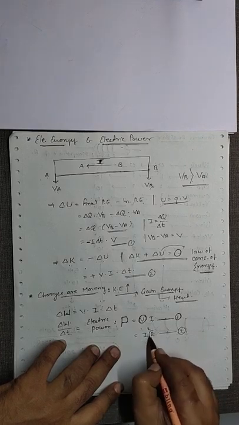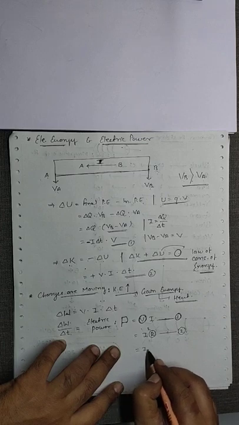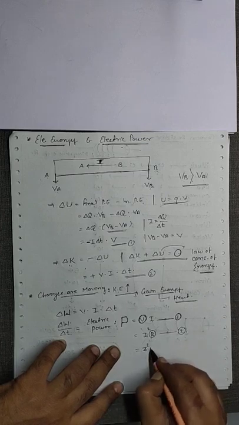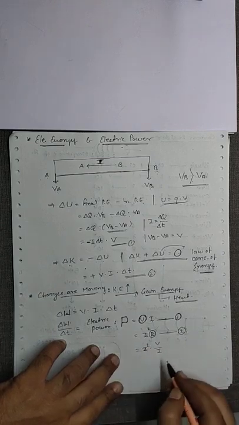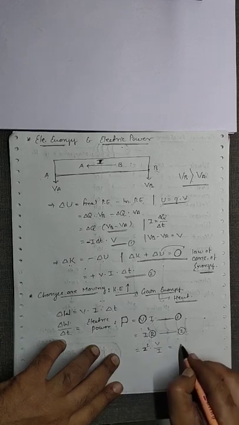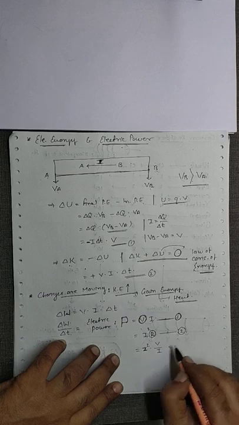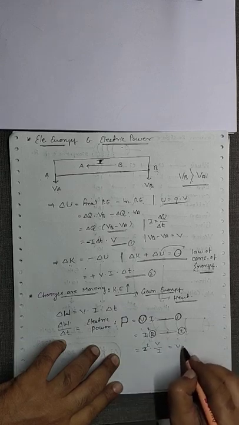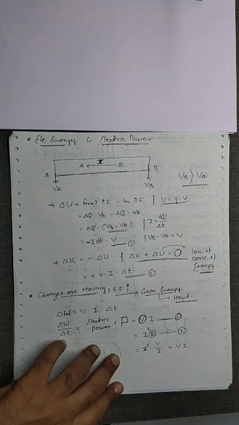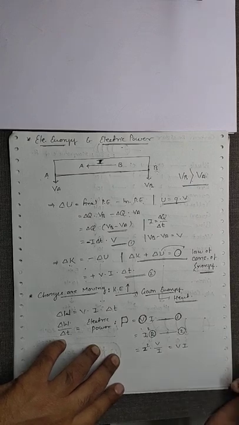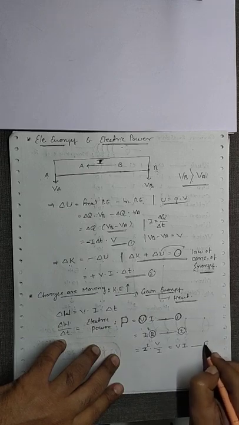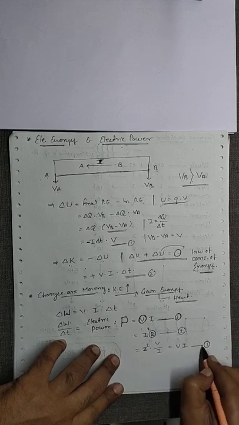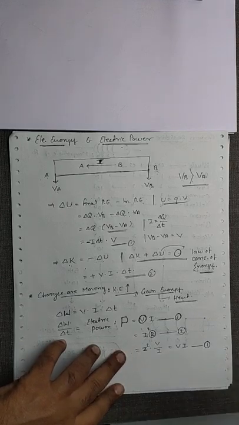Put the value of resistance in I square R. R is equal to V by I, one I will cancel out, then you will get the same equation, equation number 1. So there is a confirmation, okay?